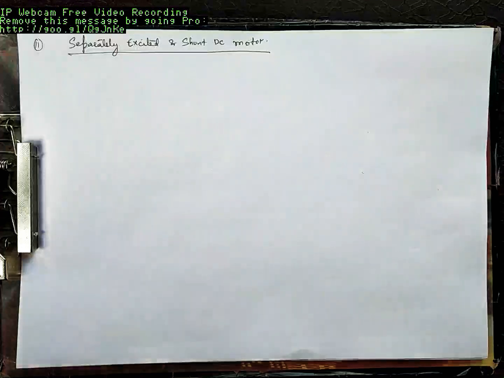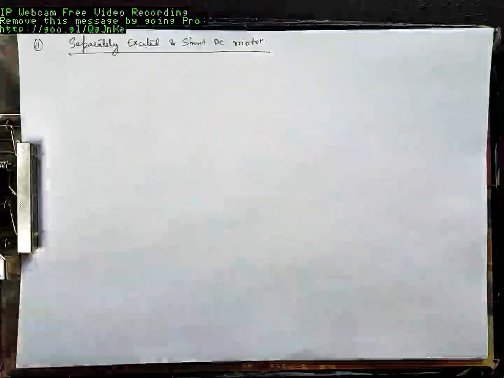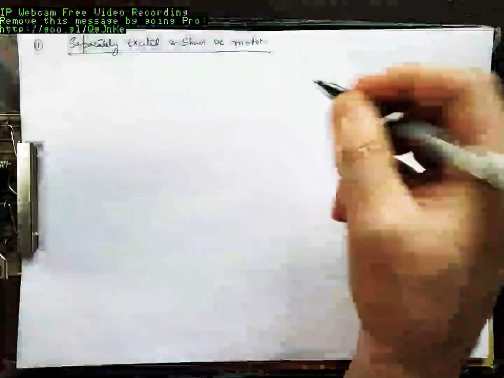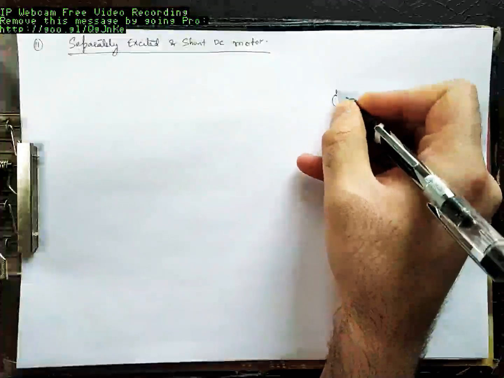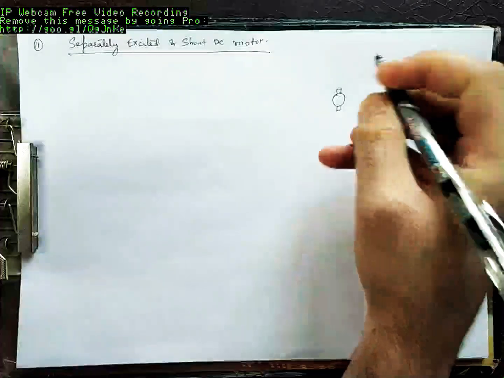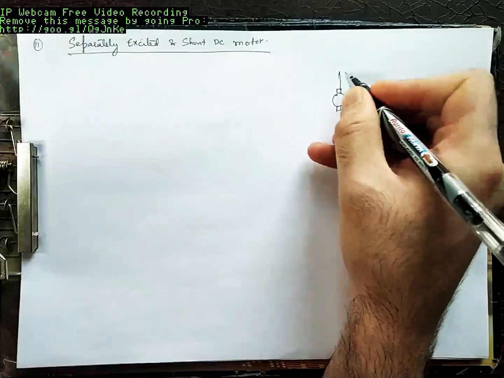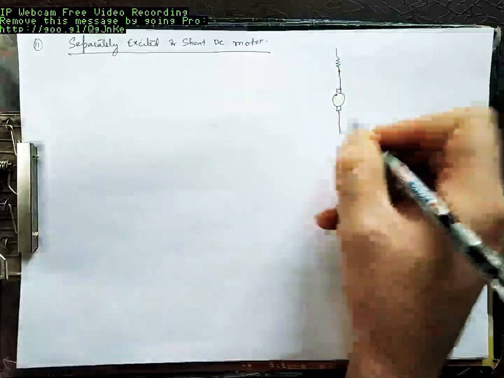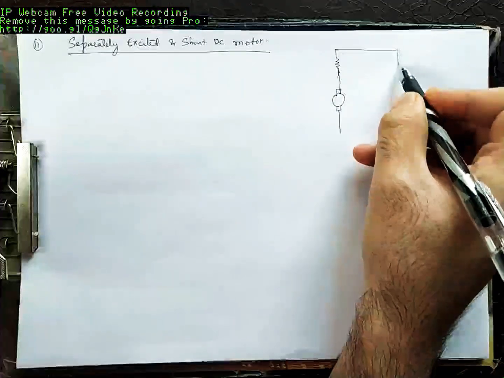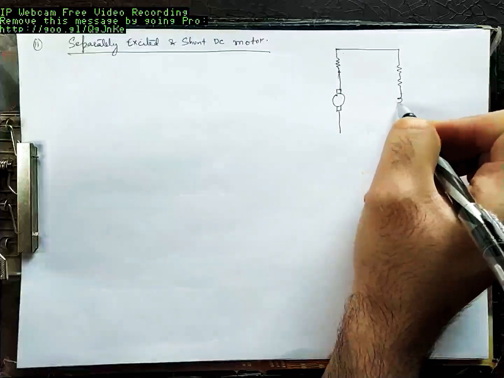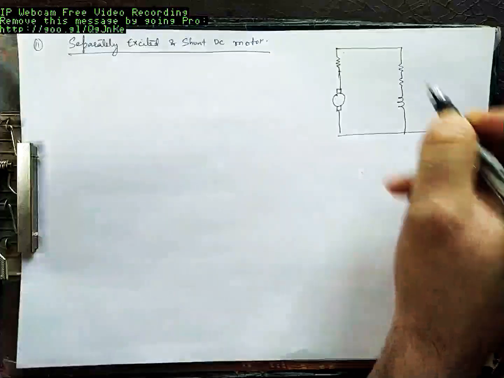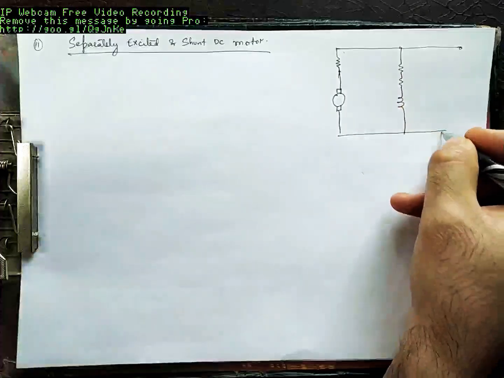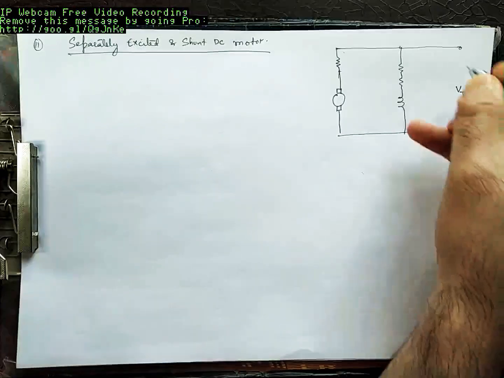Basically we are going to study them together. Let's have a look why. This is an example of a shunt motor. This is armature and this side is field. Where this is terminal voltage VT.